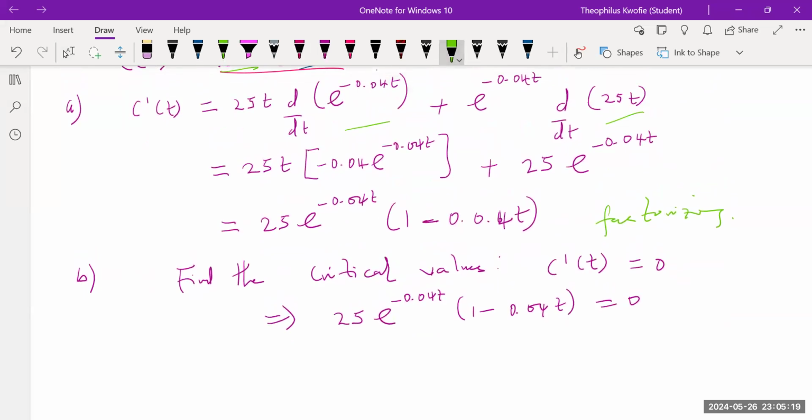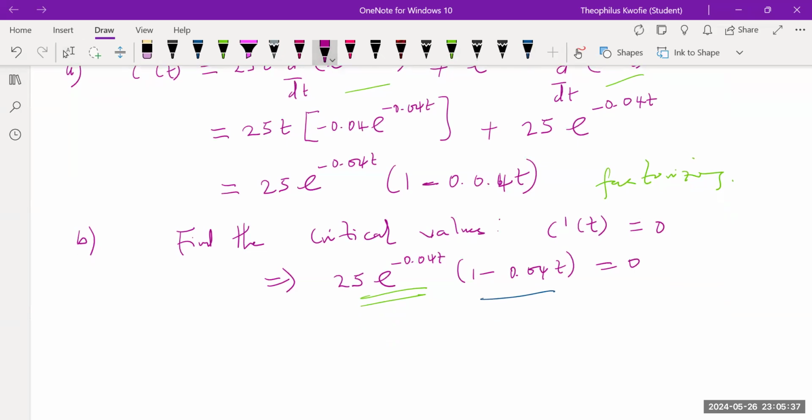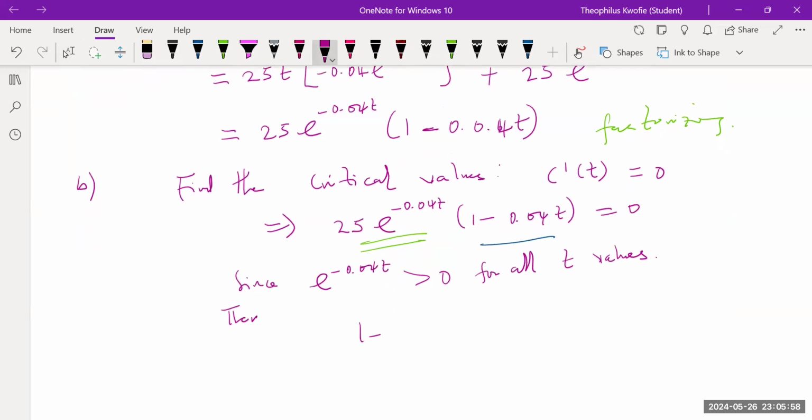Now, this week we've been looking at instances where we said that the exponential function can never assume 0, right? So this one can never assume 0, but this can assume 0. Since e to the power negative 0.04t is positive for all t values, we are just going to have 1 minus 0.04t equal to 0.